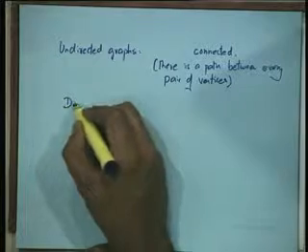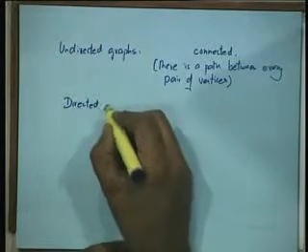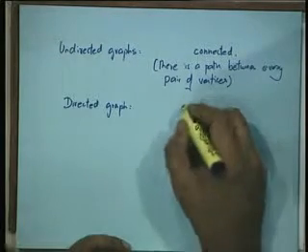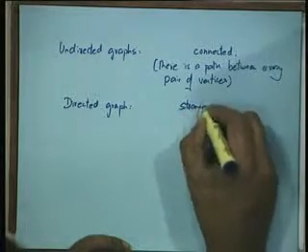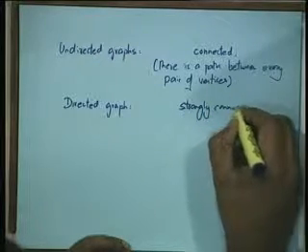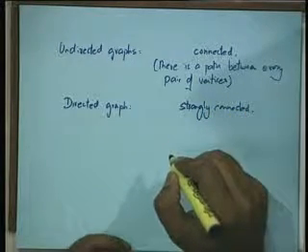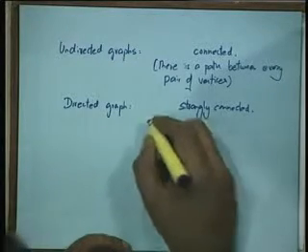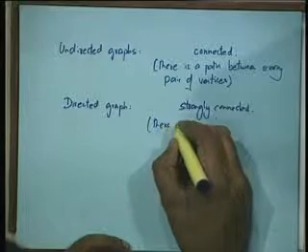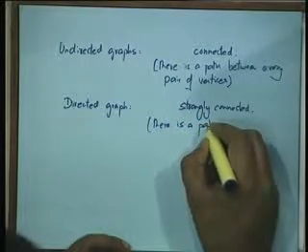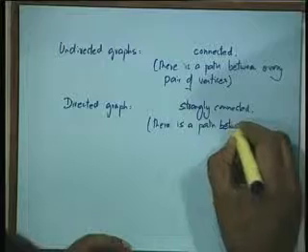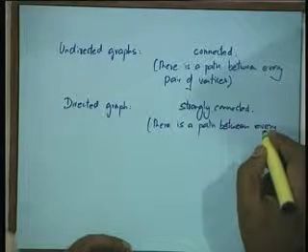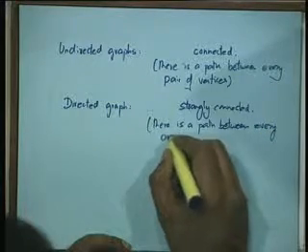Okay. In a directed graph, the corresponding term is what is called strongly connected. A directed graph is called strongly connected if there is a path between every ordered pair of vertices.